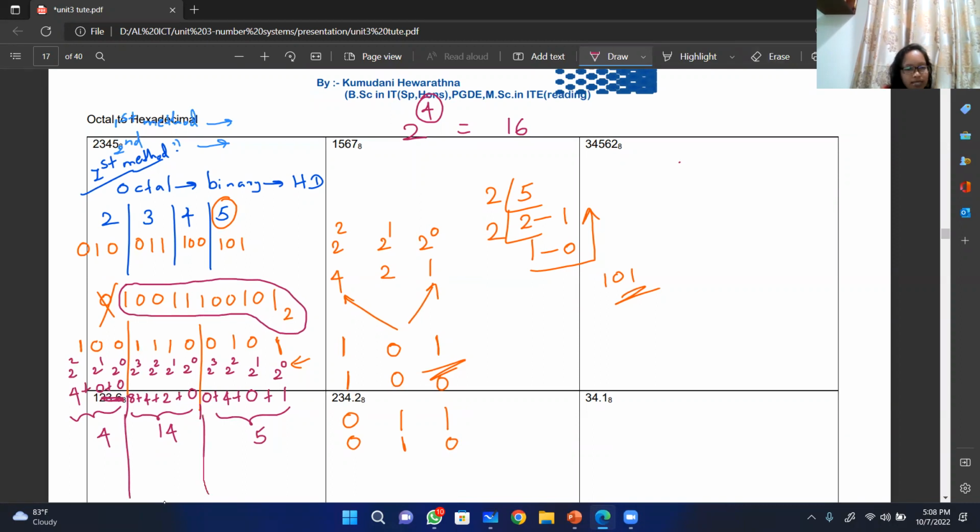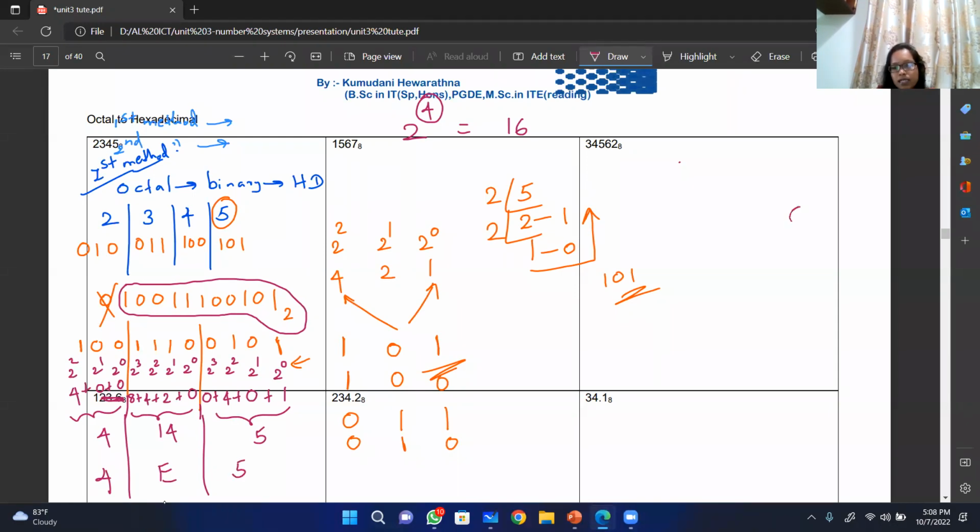Right, now in hexadecimal 4 is okay, but is there a number called 14 in hexadecimal? No, teacher. What is the relevant character then? E. Yes, E, and 5 is there.